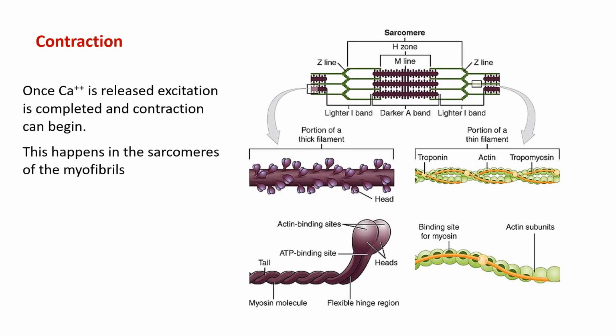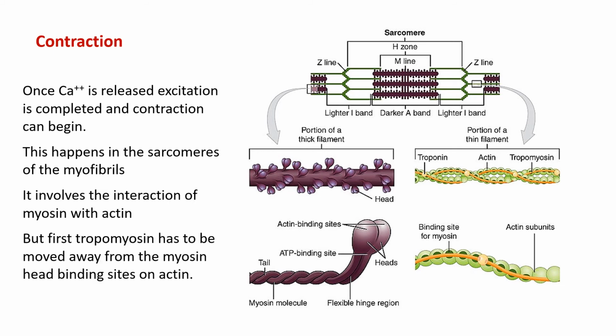And this, of course, happens in the sarcomeres of the myofibrils, in every single sarcomere of every single myofibril. It involves, as we said before, the interaction of myosin and actin.